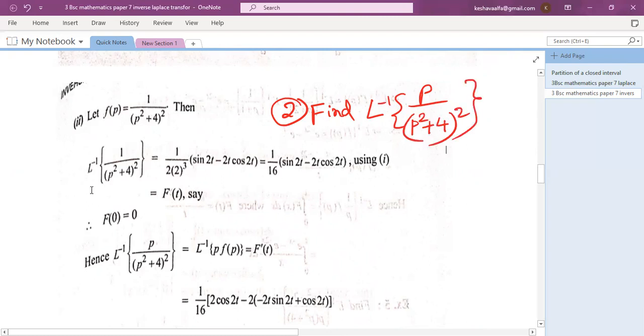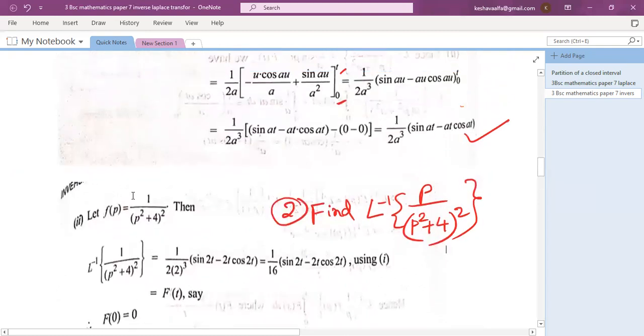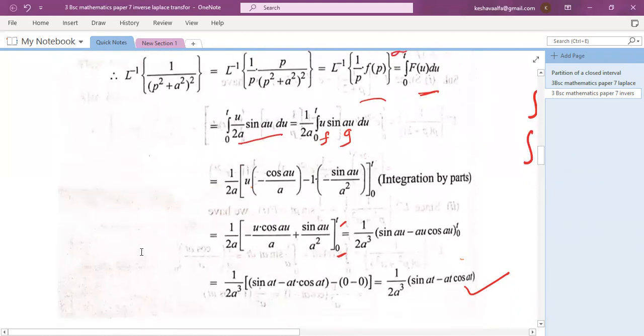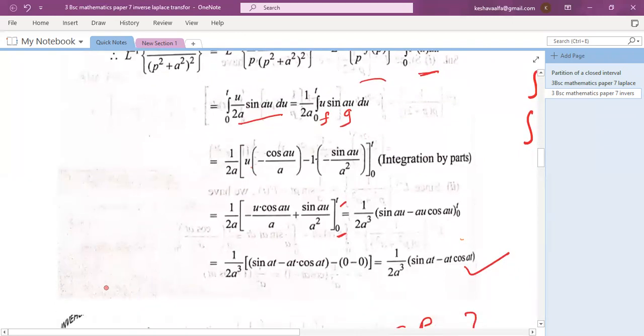So we know that L inverse of 1 by p square plus 4 whole square, 4 can be written as 2 square, so 1 by p square plus 2 square whole square. Already we solved this problem, so using our result, we know that L inverse of 1 by p square plus a square whole square.